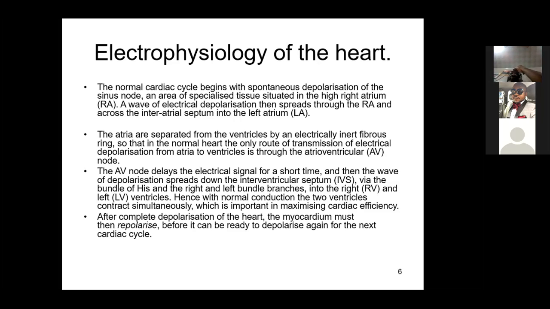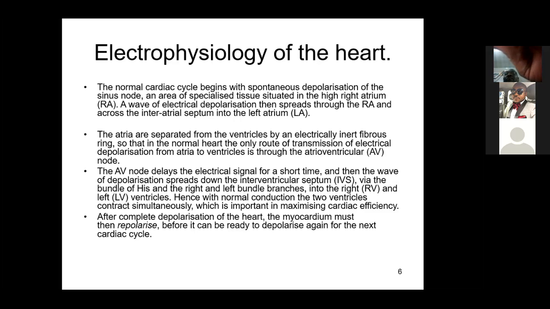The atrioventricular node delays this electrical signal for a short time, and then the wave of depolarization spreads down the intraventricular septum via the bundle of His and the right and left bundle branches into the right and left ventricles, which initiates contraction, which is important in maximizing cardiac efficiency and making the heart pump blood all across the body.